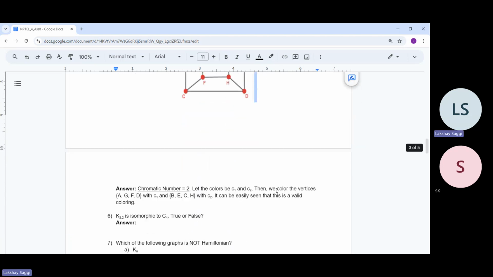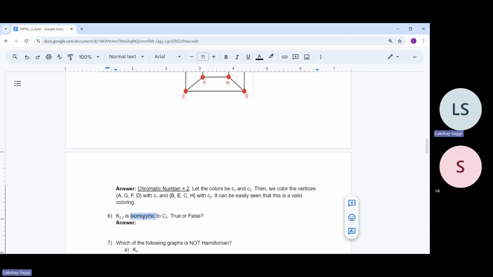Okay, then I guess we can move on to the sixth question now. The sixth question says: K22 is isomorphic to C4. True or false? Once again, I hope everyone knows what isomorphic means.